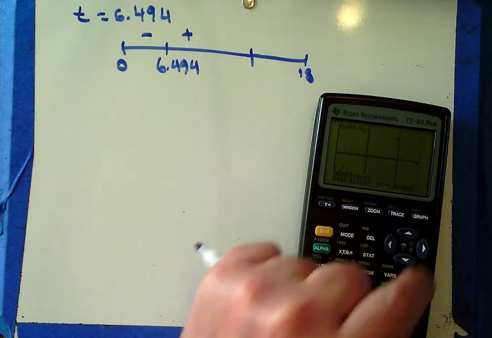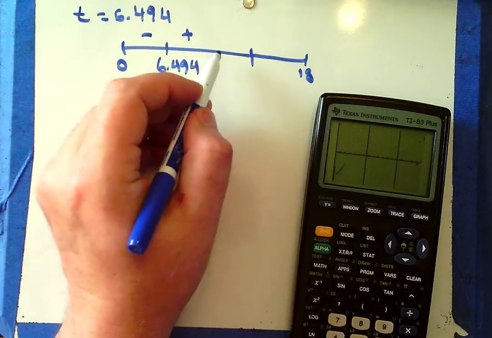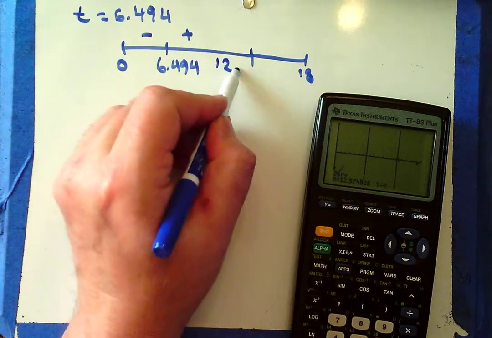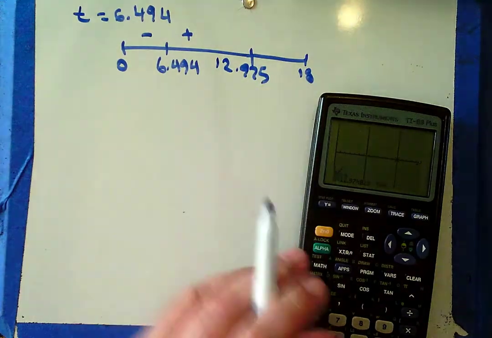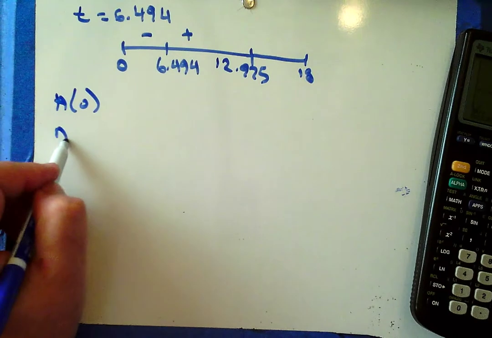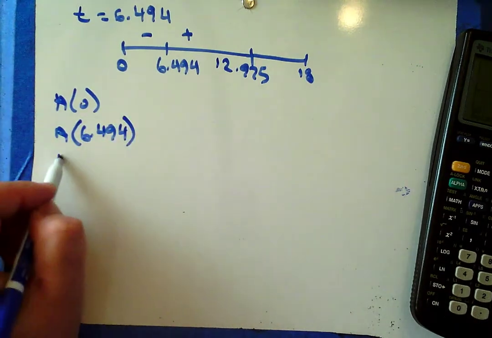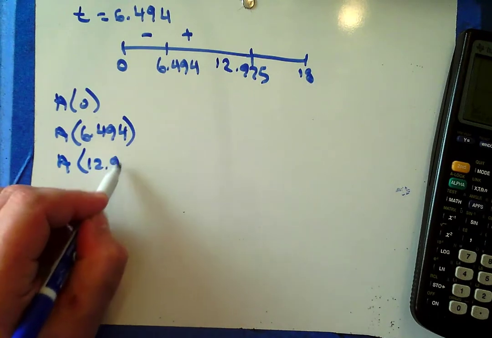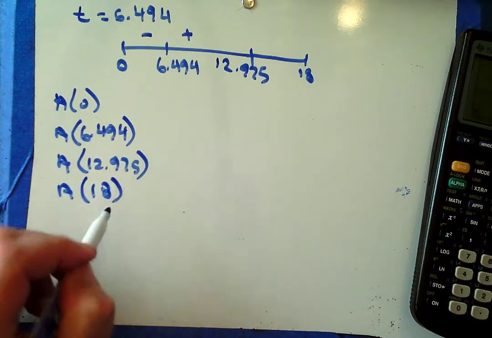Positive to negative, and I get 12.975. Okay, and so I want to consider A of 0, I want to consider A of 6.494, I want to consider A of 12.975, and I want to consider A of 18.